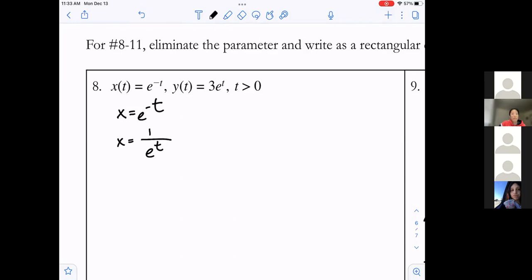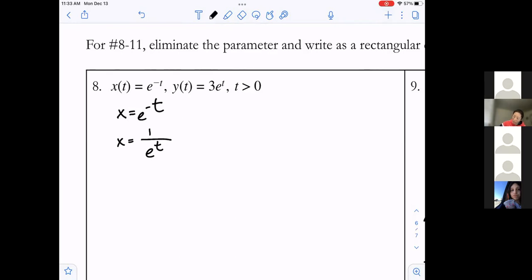That could be one way to write it. What would we do from here? So like multiply both sides by e to the t and then divide by x?